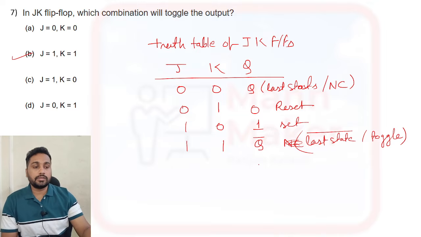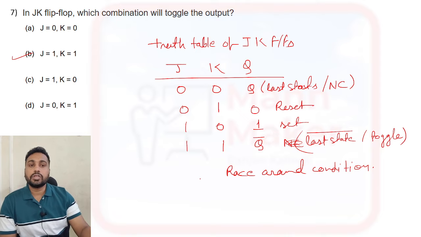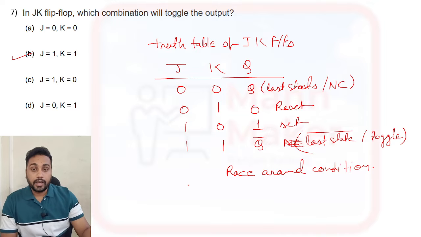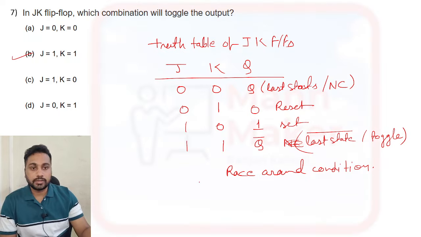This toggle condition we generally call a race around condition. Sometimes in an exam they will ask which flip-flop has a race around condition, and in which case. So you need to answer JK flip-flop. In a JK flip-flop, race around condition occurs when J and K both are high.